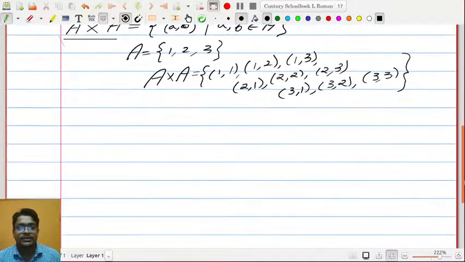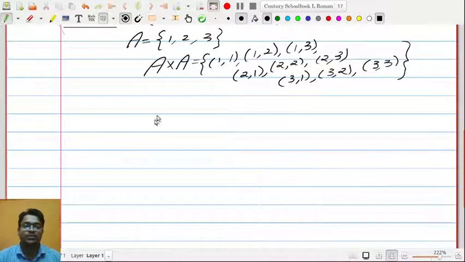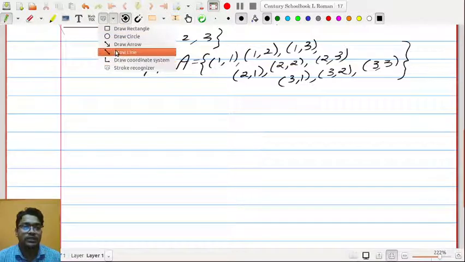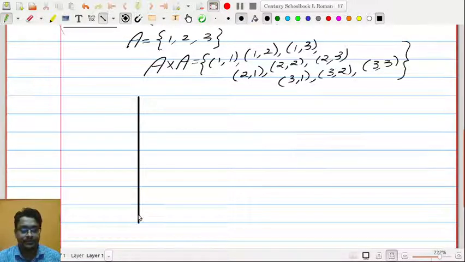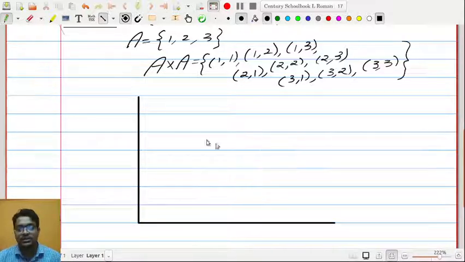Next, how can we show this Cartesian product in a diagram? For example, we have a line of this type, where this represents the y-axis and this represents the x-axis.